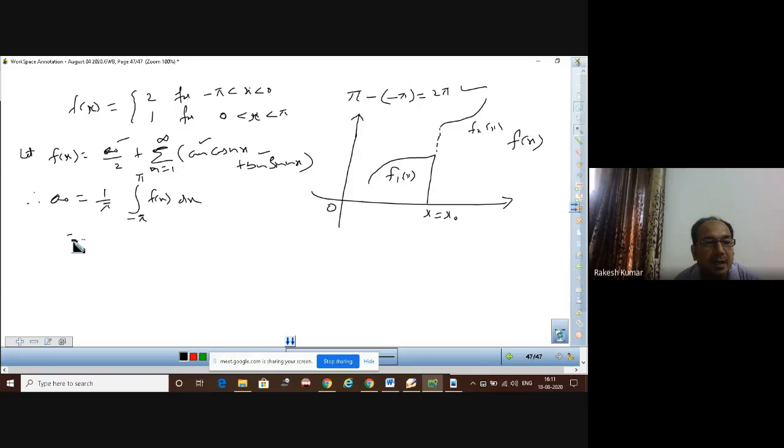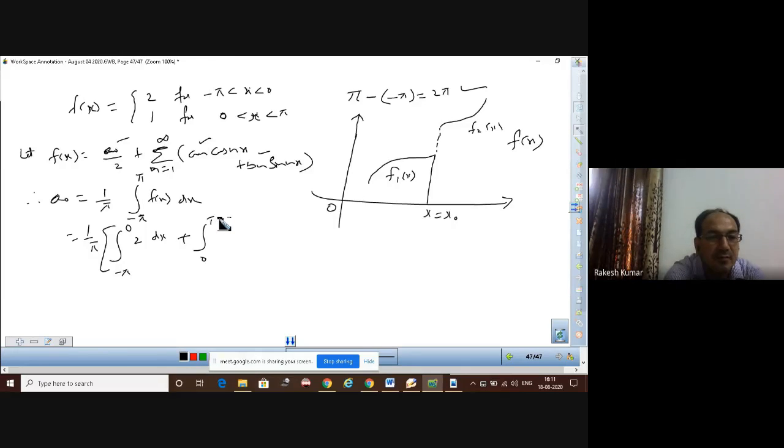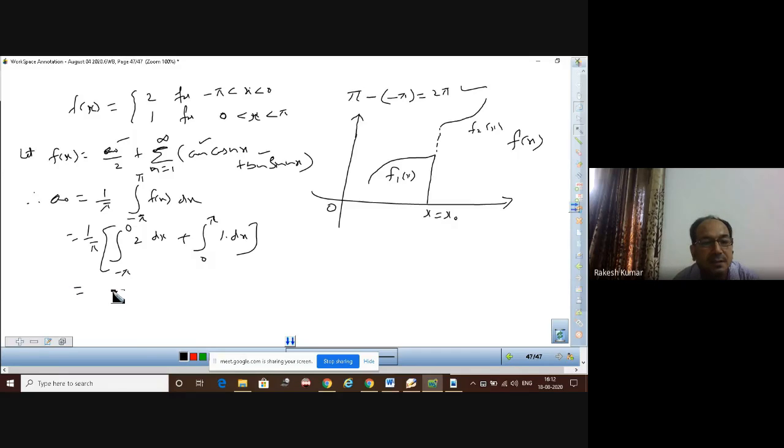Now the interval can be separated into two parts. From minus pi to 0, the value of the function is 2, so 2 dx, plus from 0 to pi, the value of the function is 1, so 1 dx. Now you can integrate it.